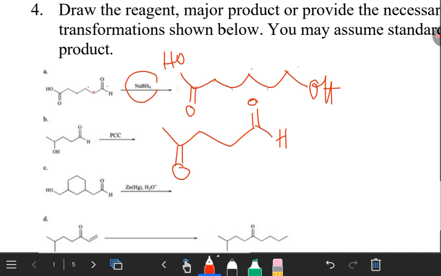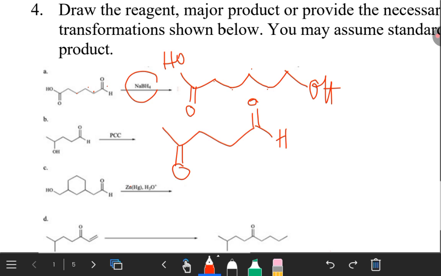Now let's look at the third structure. For the third structure, we can see that we have zinc, mercury, then we have also hydronium ion. So this one is what is known as a Clemmensen reduction.